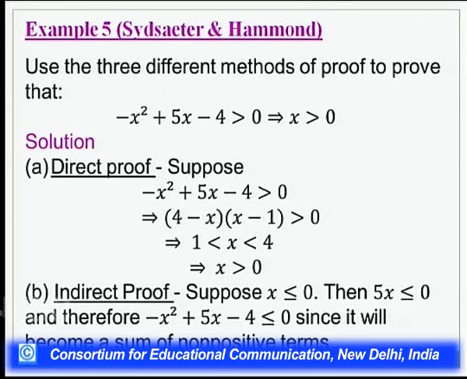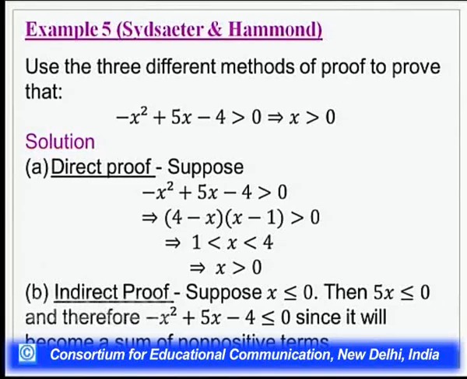In a direct proof, you start with the left hand side proposition, let's call that proposition P, and you go on to prove the right side proposition, which is proposition Q. If you notice here, the left side proposition, minus x square plus 5x minus 4 greater than 0, if you factorize, implies that x lies between 1 and 4. So clearly that implies x has to be positive. This would be an example of a direct proof.